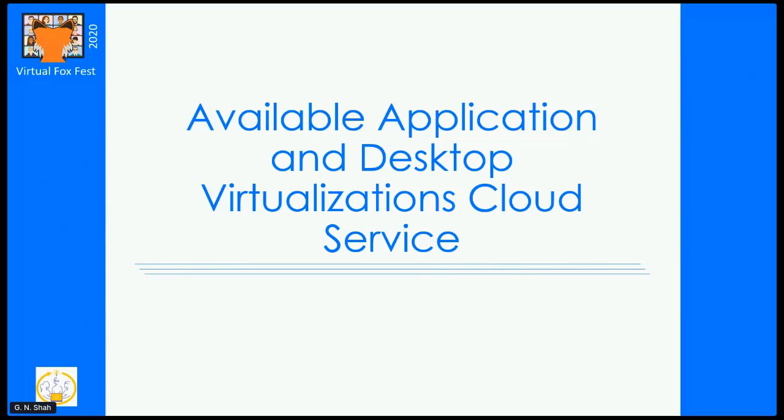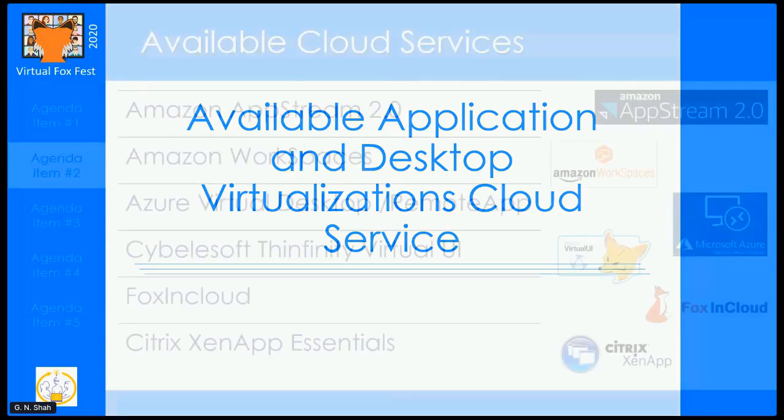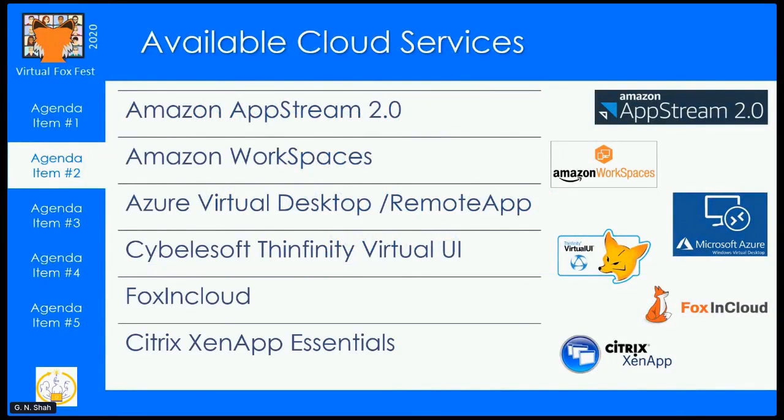So when we talk about these different virtualization options, we need to look at some of the companies that offer these services. My main focus today is going to be AppStream 2.0 and the Workspace that Amazon offers. We're going to see how we can quickly create these AppStream environments and deploy our FoxPro application.